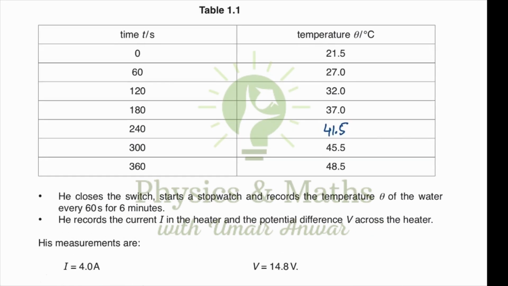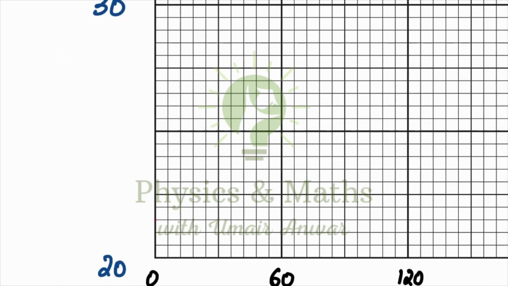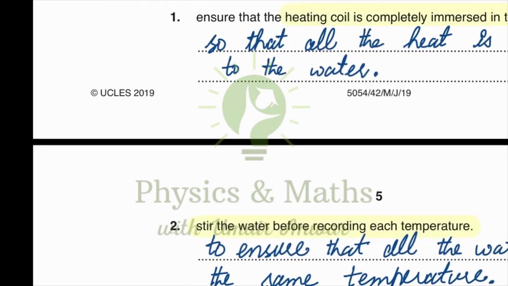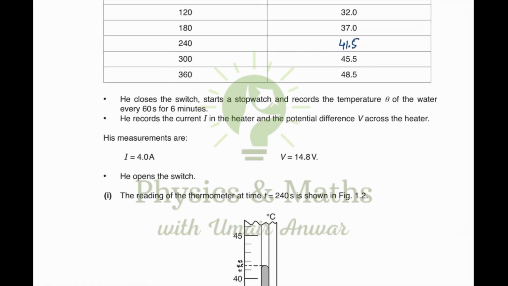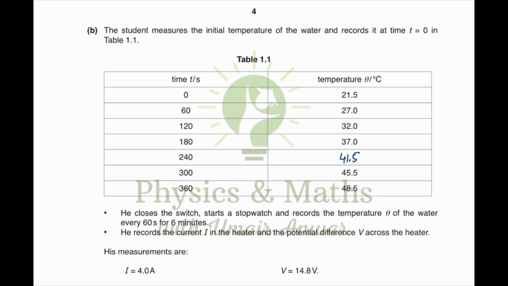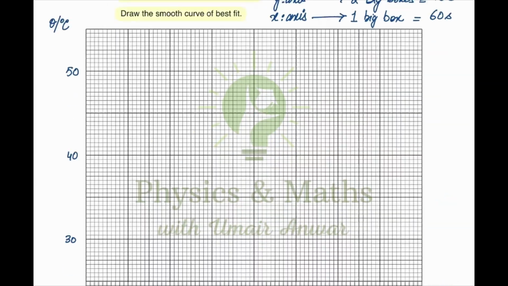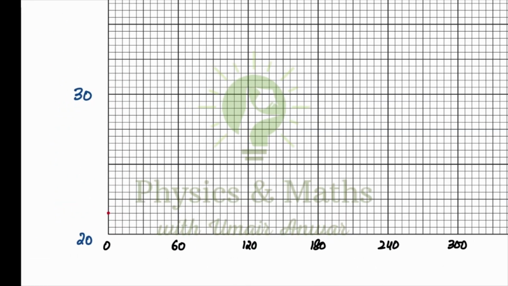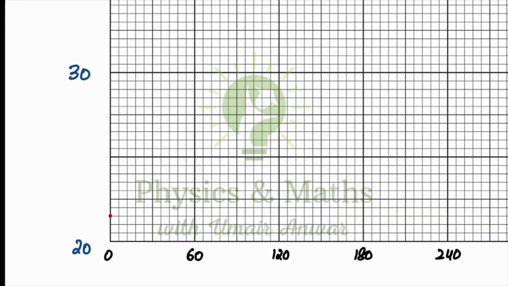The third thing that we are going to do now is to plot these values. So we have 0, 21.5. This is the first point. 21.5 would be marked over here. Next point we have from the table is 60, 27.0. So on the time of 60 we have a temperature of 27.